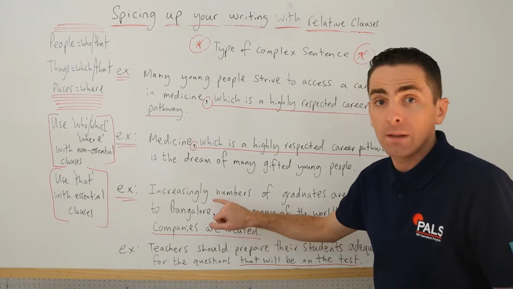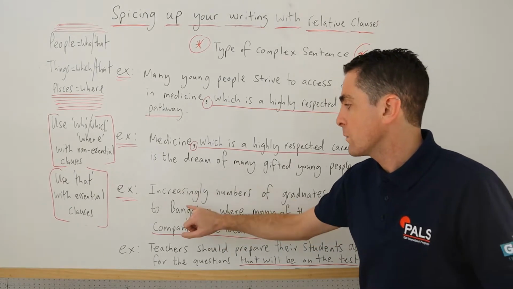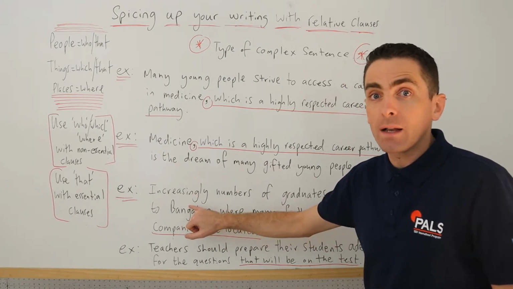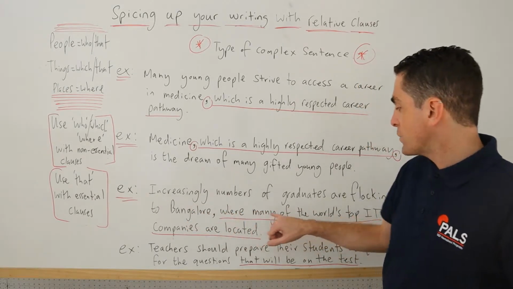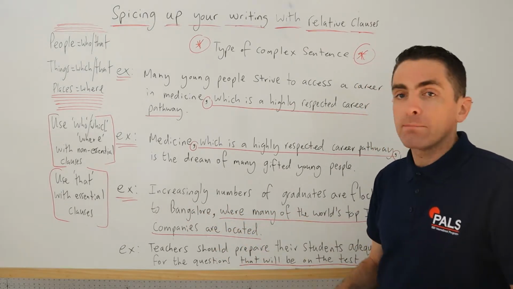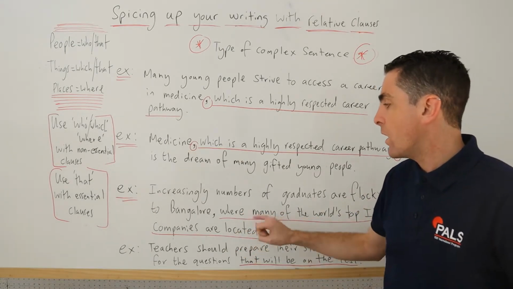I forgot to circle that, apologies. That should be circled as the comma. Where modifies Bangalore, which is a place in India, of course. So we want to give extra information about Bangalore. So we say where many of the world's top IT companies are located.